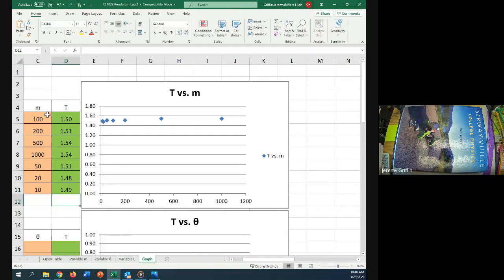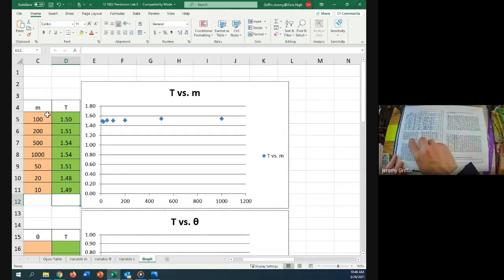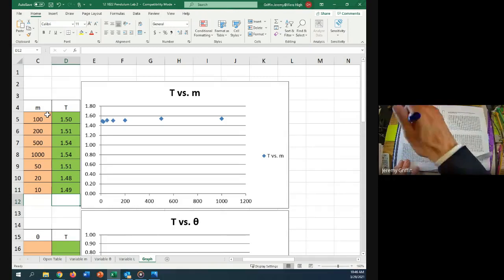Now, I do want you guys to make the graph for this. Do you see right below the table there's a graph that says T versus M? That's the graph on the projection, so go ahead and copy that down. I know it's a real tiny graph because this is not the most important one. Put time on the vertical axis.